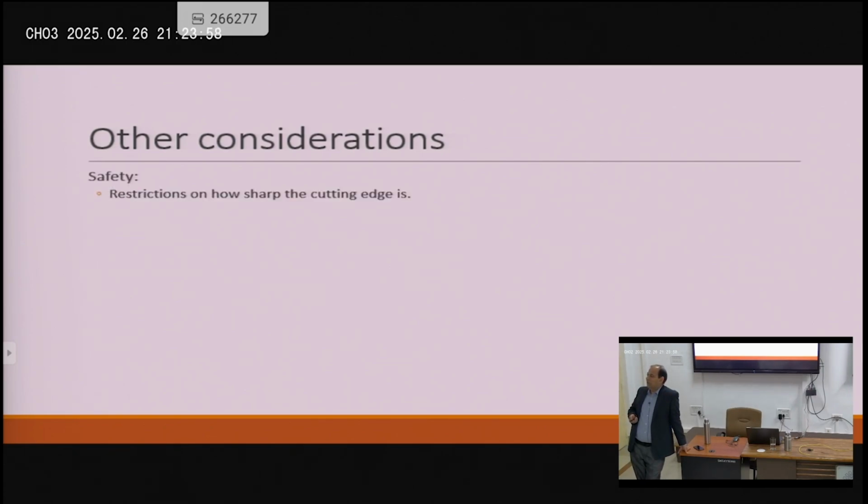So here I have, let's see if we missed anything. We have restrictions on how sharp the cutting edge is. So everybody wants a sharp cutting edge. But does anybody do woodworking here? Okay, if you have sharpened a chisel using the proper technique, then you'll realize how sharp metal can get.